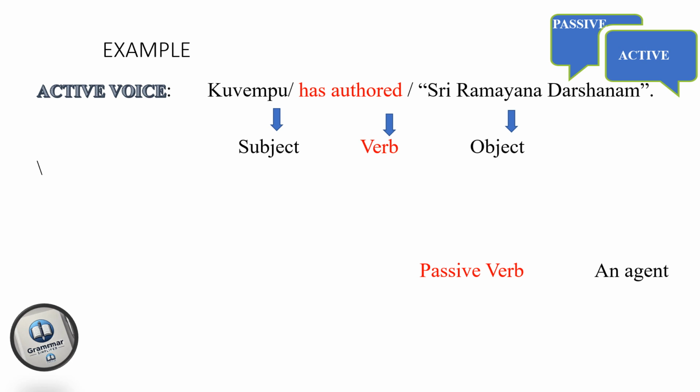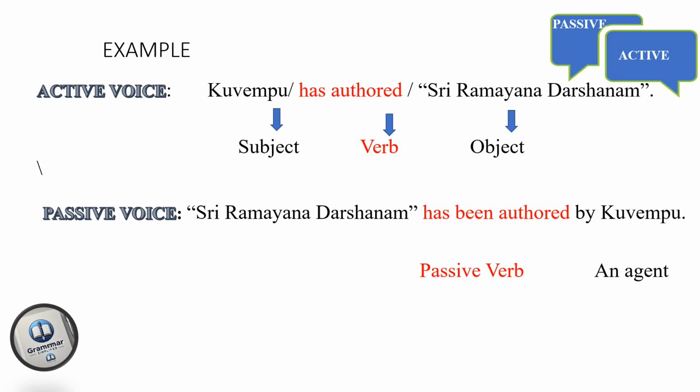Now when you change from active to passive voice, Sri Ramayana Darshanam will become subject. Kuvempu will become object. Then has or third. When there is has, have, had, you should use been: has been, had been, have been. So the answer goes like this.